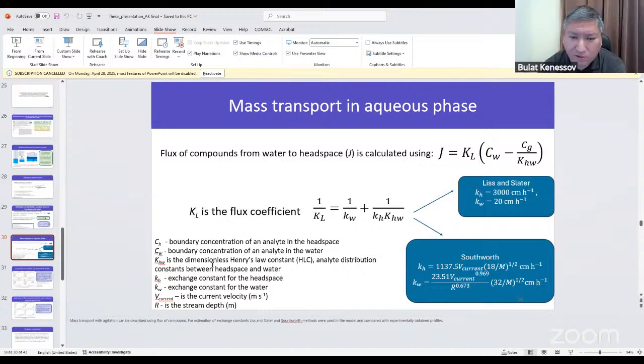Yeah, flux has units. Sorry, I cannot answer this question. Okay, but if we increase the stirring speed, does the flux increase or decrease?